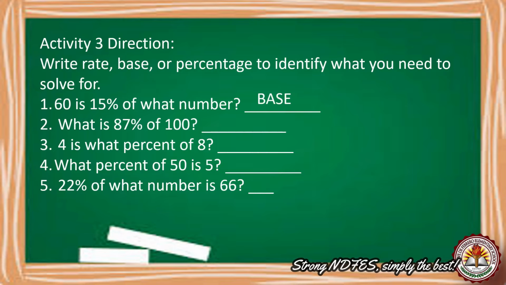Next, number 2. What is 87% of 100? Find the missing element. 5 seconds. Go. Okay, time's up. So, if your answer is percentage, that is correct.